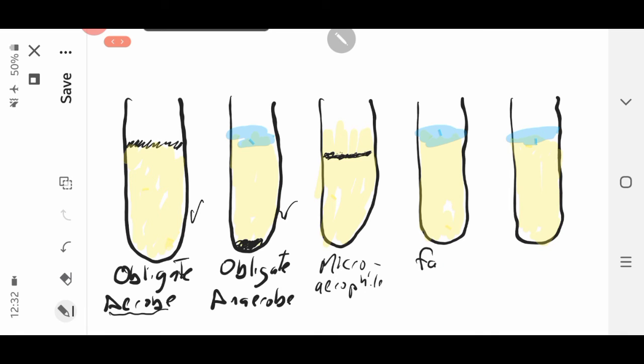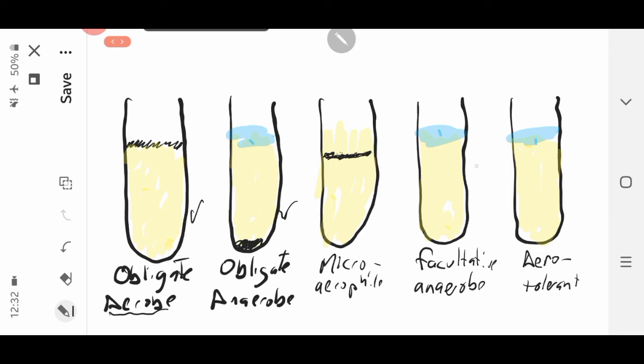Let's put this here. And then we have a facultative anaerobe. And then this is something that's called aerotolerant. It's all one word, aerotolerant. So that means these are somewhere in between.